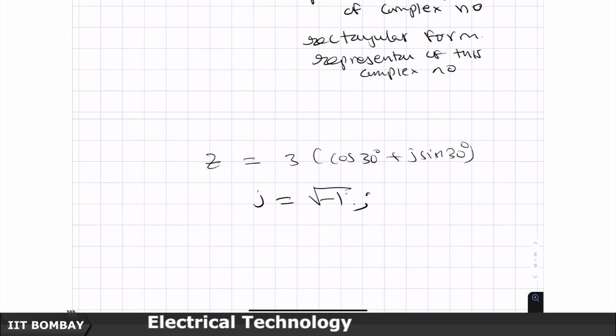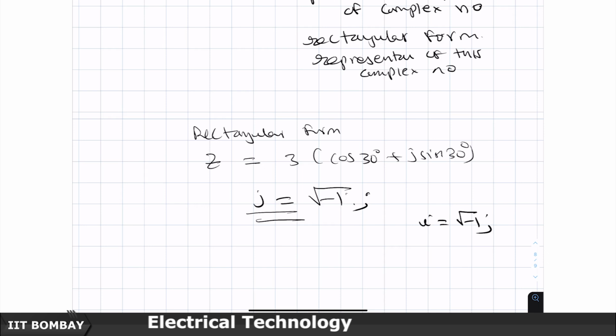Now you must be thinking, all through our school we have used the notation i to be the square root of minus 1. Why suddenly, when writing a complex number in rectangular form, have I used j instead of i? The reason is very simple.